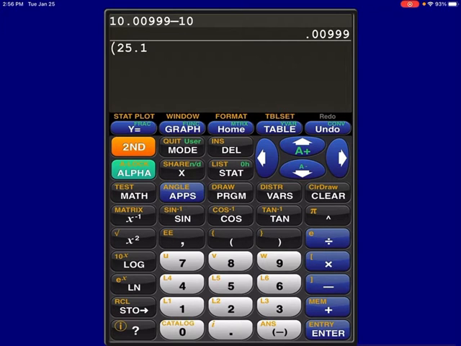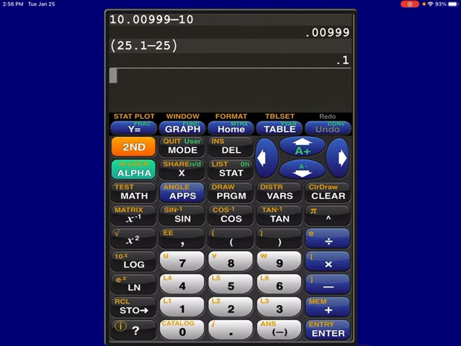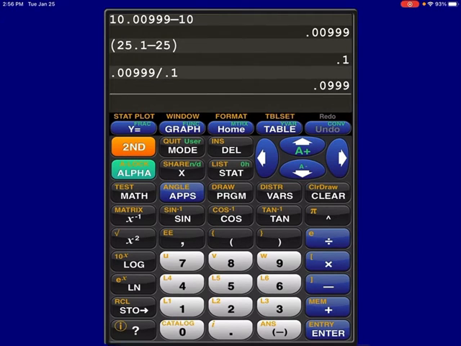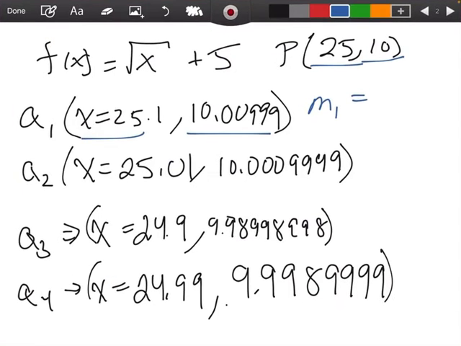Okay, so then we take 0.0123 divided by 0.1, and I'm coming up with 0.0999. That's what I'm coming up with so far.